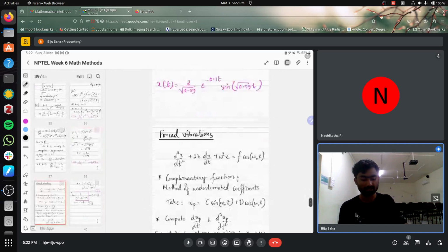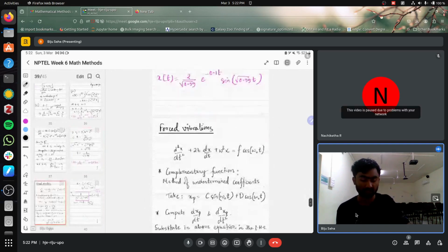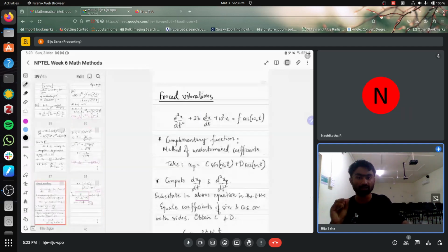So let us come to the next case, which is forced vibration. So far there was no external force being given to the system. It was just the inherent restoring force and some impulse being given in the very first instance, but there was no continuous force being fed to the system.